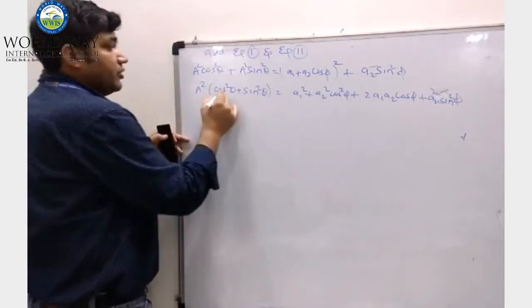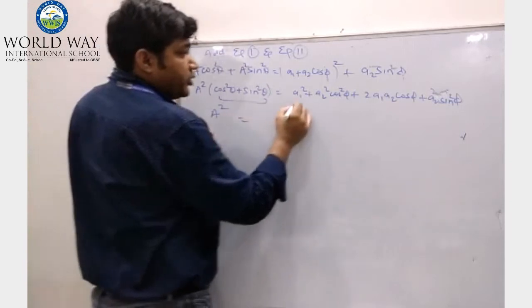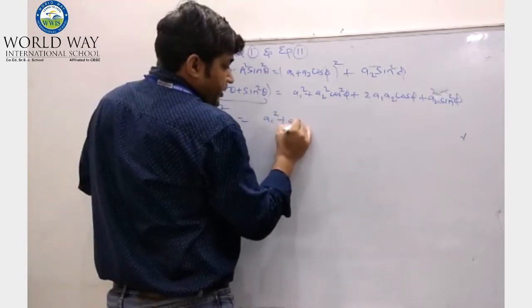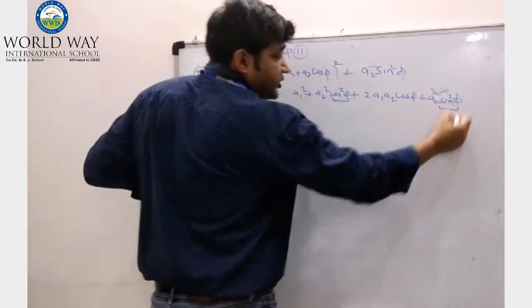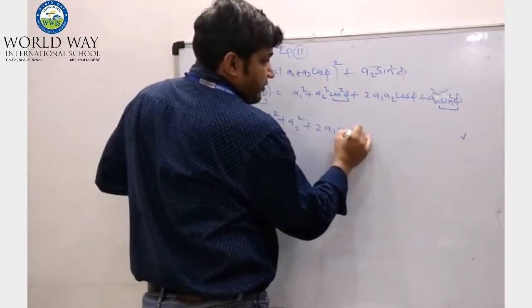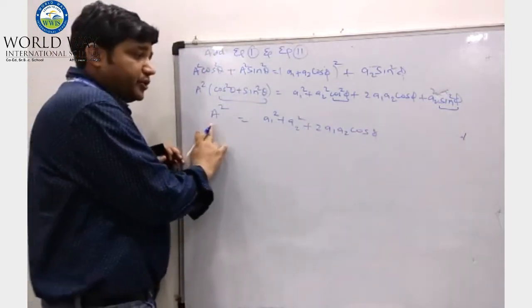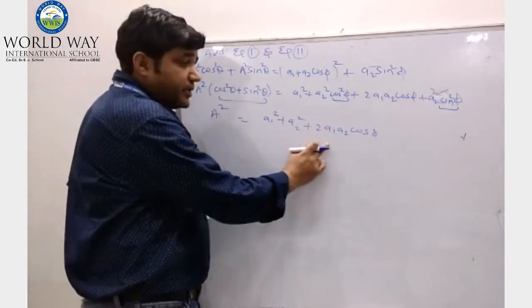Then we know very well cos square theta plus sin square theta equals 1. So A square equals a1 square plus a2 square (cos square phi plus sin square phi, which is 1) plus 2 a1 a2 cos phi. Capital A square, where A is the amplitude, is a1 square plus a2 square plus 2 a1 a2 cos phi.